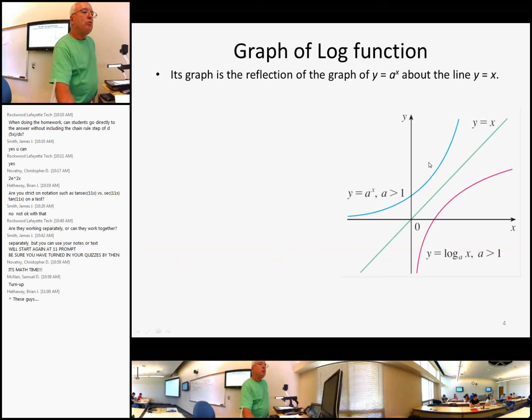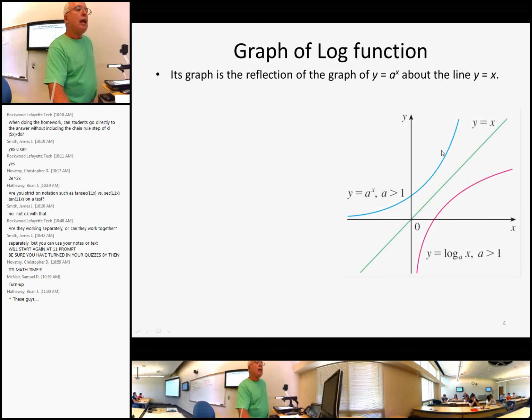This blue line here is the graph of y equals a to the x power. Remember how when our base is bigger than 1, it gets big very, very quickly, goes up to infinity very fast. So this is our exponent function. Here's our mirror, the line y equals x.